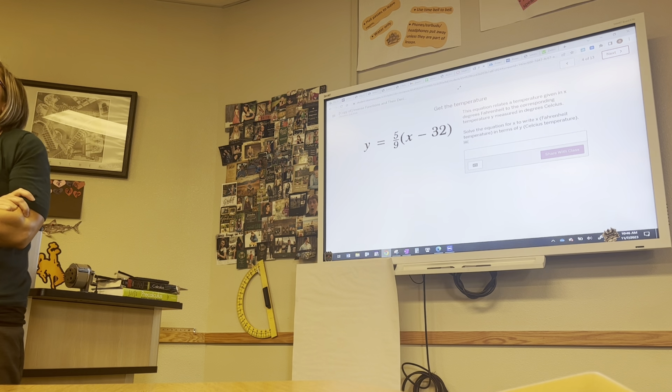So to calculate Fahrenheit, f of y equals, and then what did we get in the last screen? 9/5 y, thank you very much, plus 32. And that is the same formula we had on the previous screen, it's just now in function notation. So Fahrenheit as a function of y.